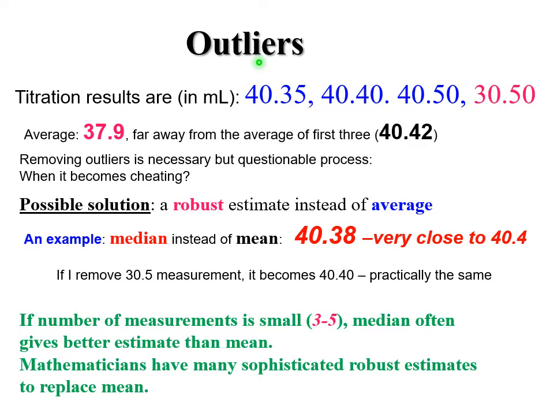The last issue is outliers. Let's consider such an example. We have 4 titrations: 40.35 mL, 40.40 mL, 40.50 mL, and then 30.50. What is that?